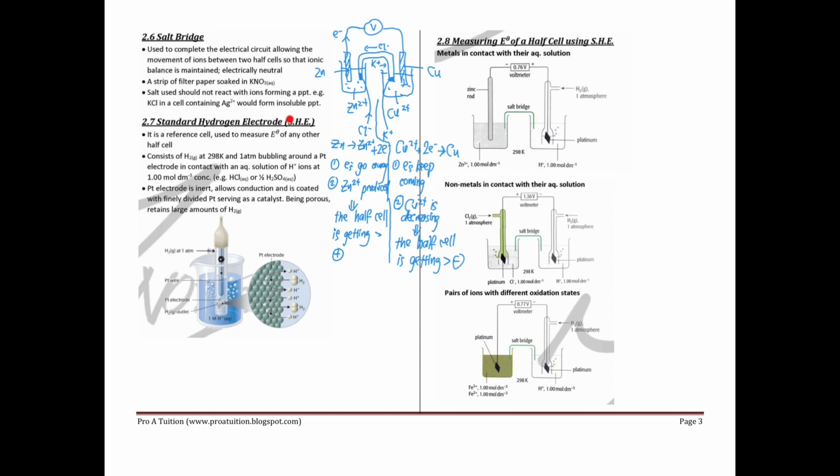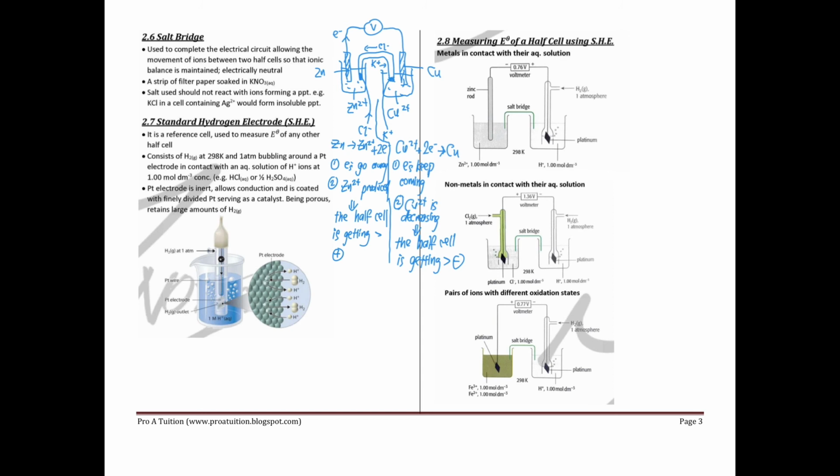That is the function of SHE as a reference cell. We draw like this. We draw a tube with hydrogen gas at 1 atm under standard conditions. The gas has to be 1 atm, and the concentration has to be 1.00 mole per dm cube.